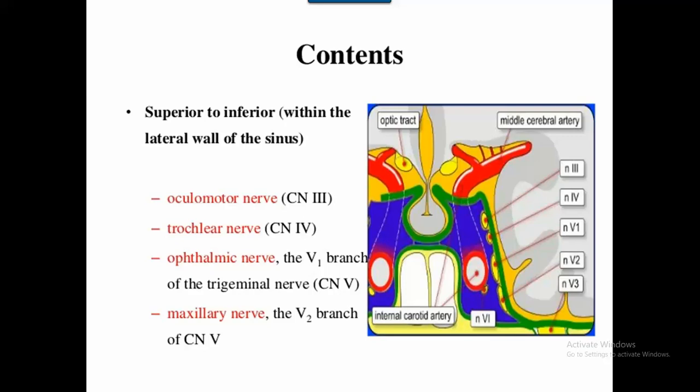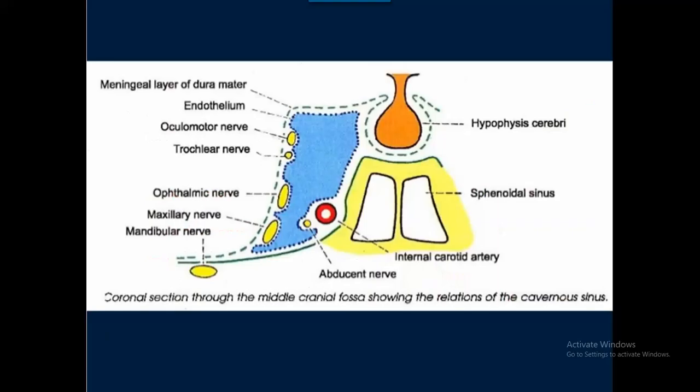These nerves pass in the lateral wall of the cavernous sinus. The structures inside the cavernous sinus are the abducent nerve and the internal carotid artery.